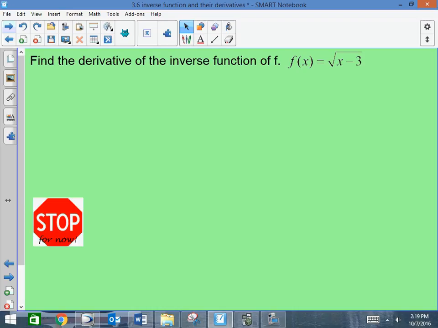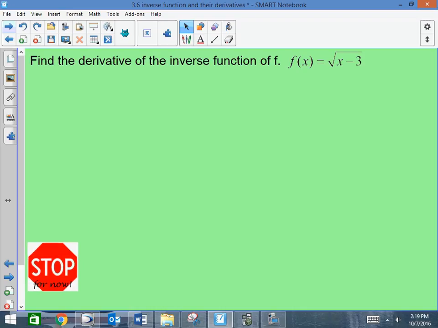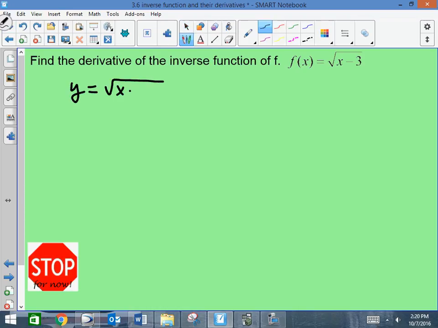We got one more page. Derivative of the inverse function. Ugh. Okay, so first I suppose we have to find the inverse function, right? All right, so y equals radical x minus 3, x equals radical y minus 3. Solve for y.